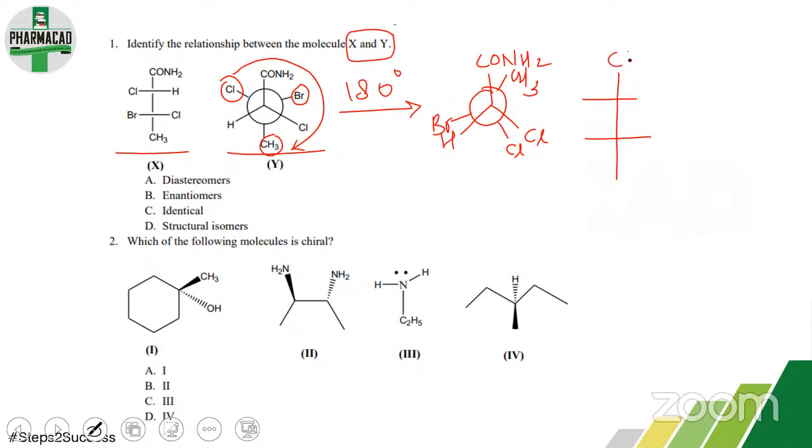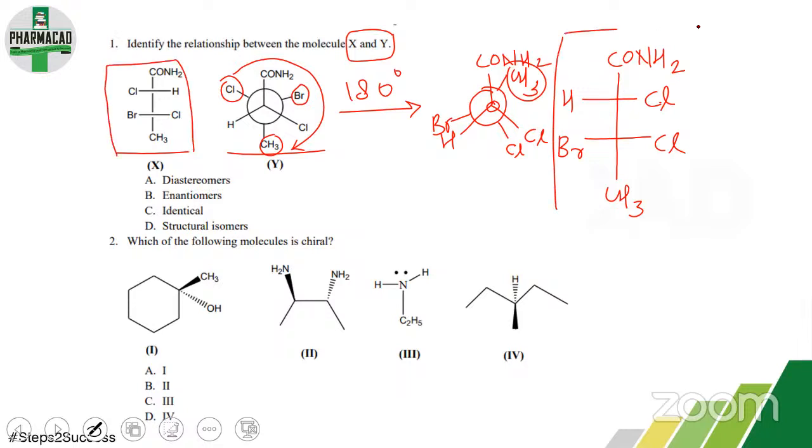So the CONH2 will remain over here, whereas this methyl group over here, this carbon, the frontal carbon is with hydrogen and chlorine, and the rear one is with bromine and chlorine. Okay, now we have to check the relationship in between this and this compound.